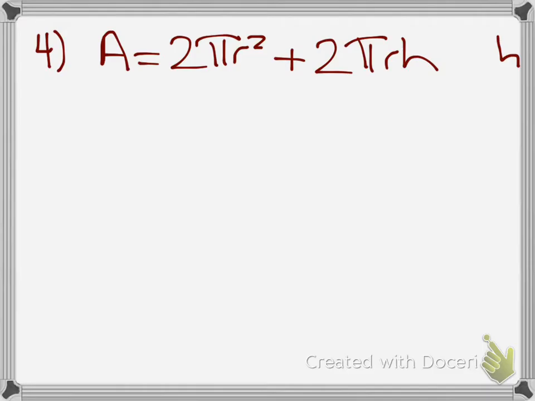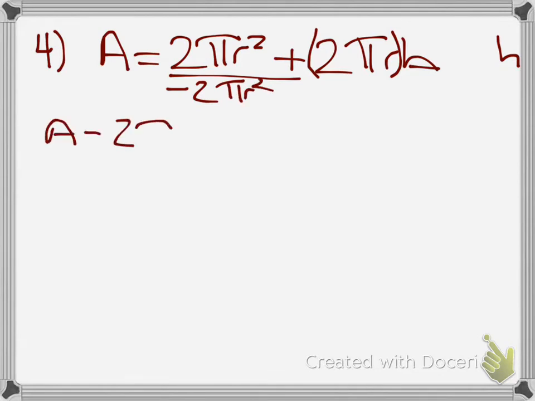Okay, so I have A equals 2 pi r squared plus 2 pi r h, and I want to solve for h. So here's the h. All of this is being added to it, and all of this is being multiplied. Let's get rid of the adding. What's the opposite of adding? Subtracting 2 pi r squared. So now I've got A minus 2 pi r squared is equal to 2 pi r h.